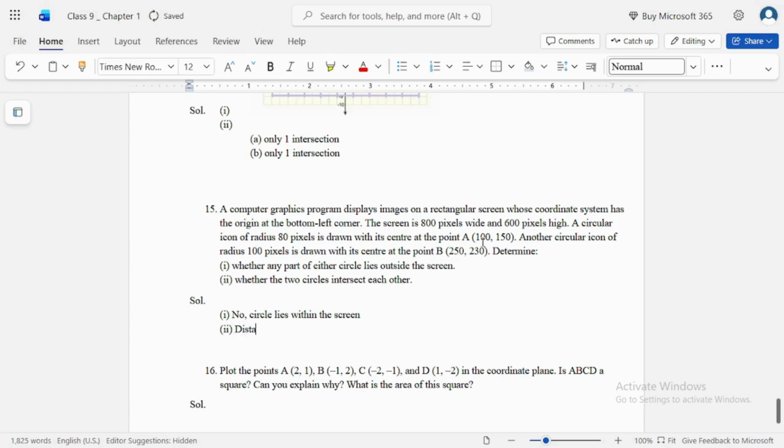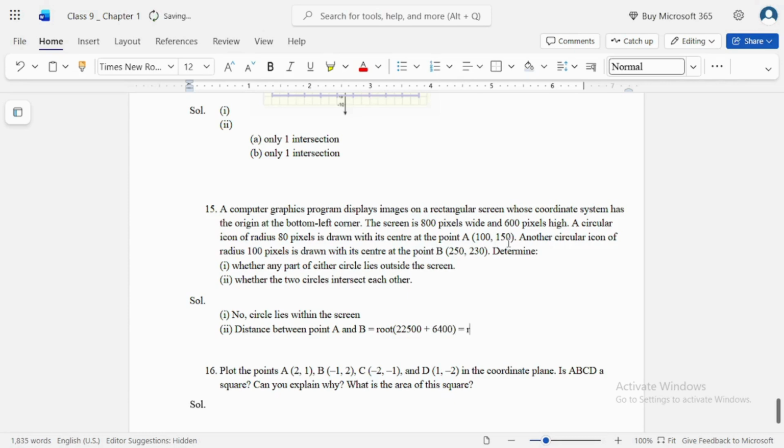So the distance between points A and B equals root of (x2 minus x1) square, which means 250 minus 100, which is 150 square. What is 150 square? 15 square is 225, so 22500, plus 230 minus 150, which is 80. 80 square is 6400.